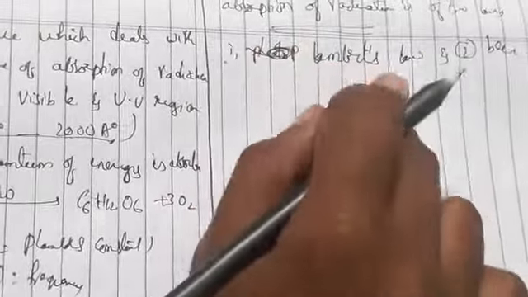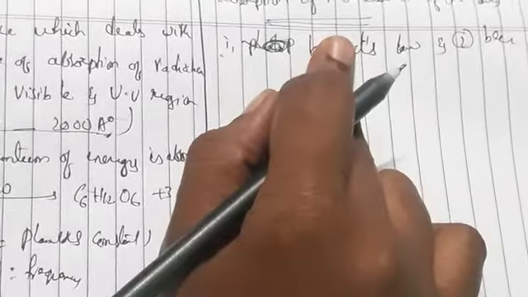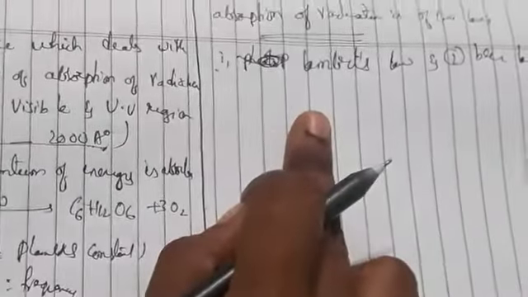Lambert's law: when a monochromatic light passes through a homogeneous medium, the absorption is directly proportional to the intensity of light. Beer-Lambert's law: when a monochromatic light is passed through a homogeneous medium, it is directly proportional to the intensity of light and the concentration of the solution.